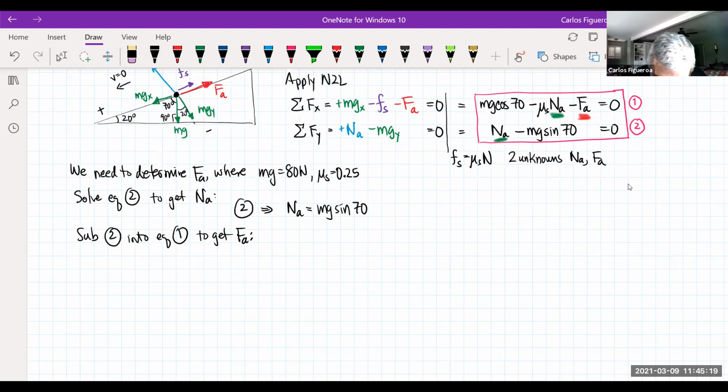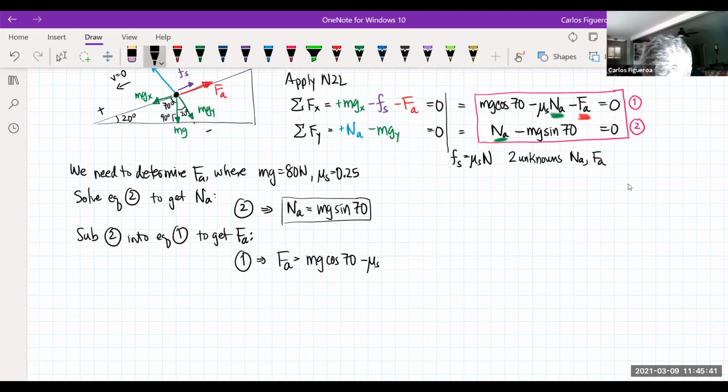Let me write it over here. From equation 1, you can see F of A is going to be the sum of these. So it's got to be mg cosine 70 minus mu of s times the normal. But the normal, we see, is this mg term, so I'm going to get mg sine of 70 degrees.